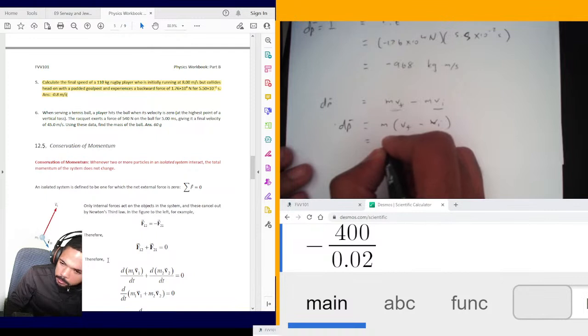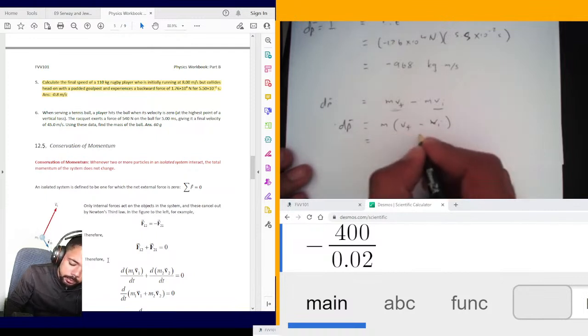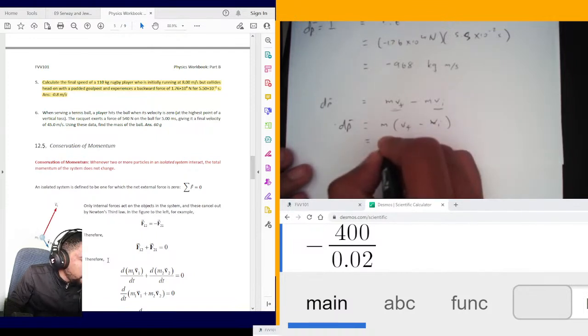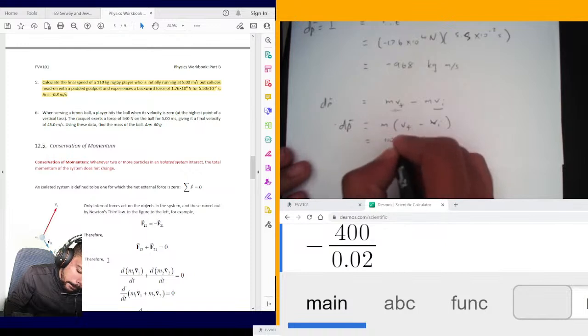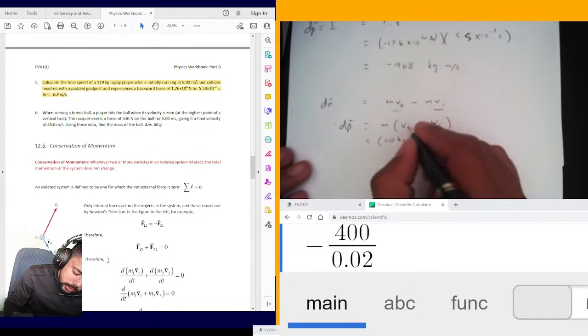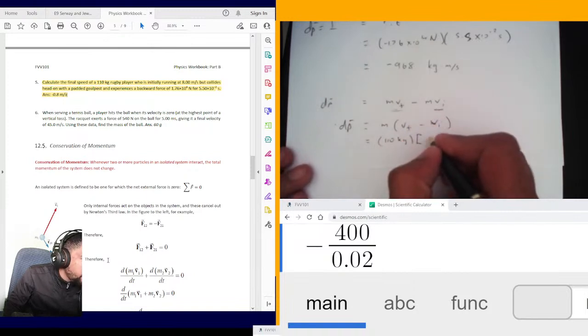Now let's see. The mass is 110 kilograms. The velocity final is what we want.